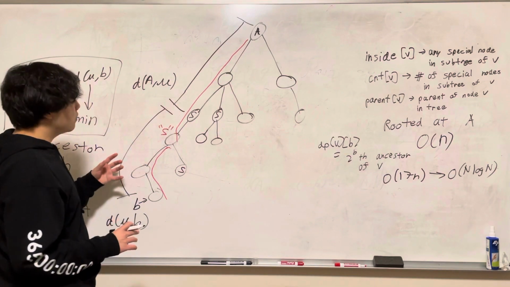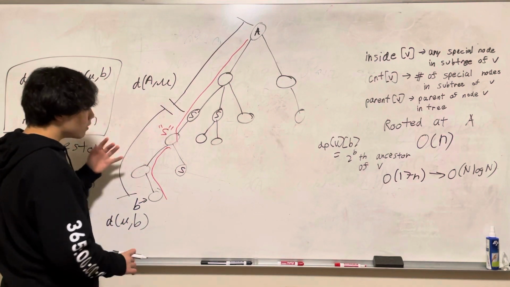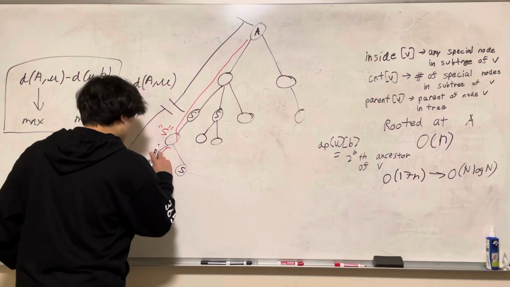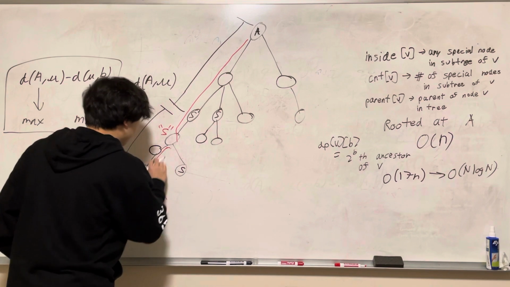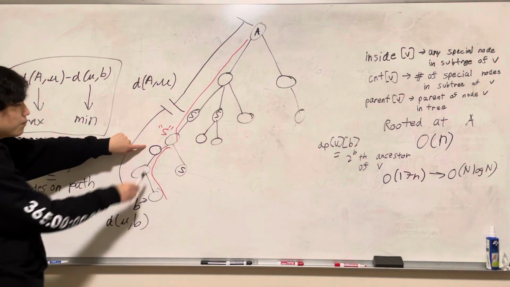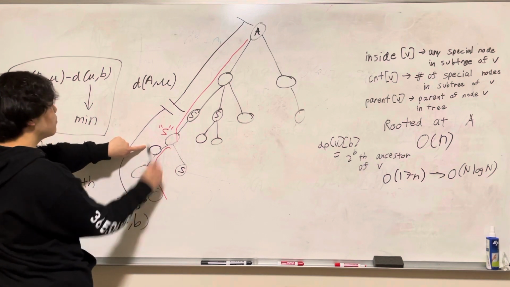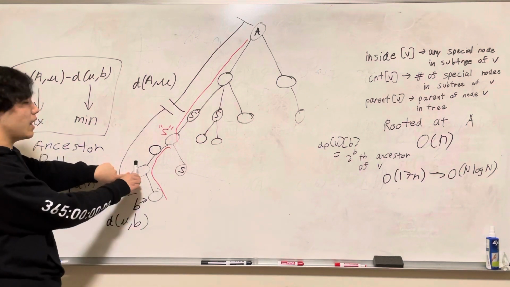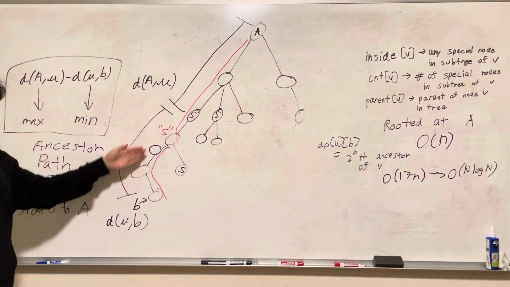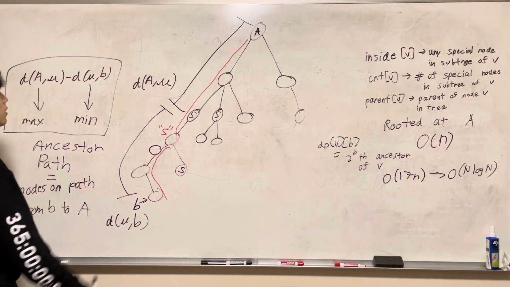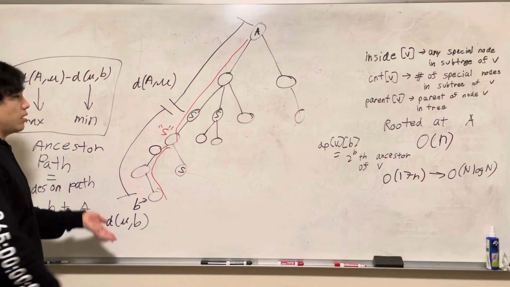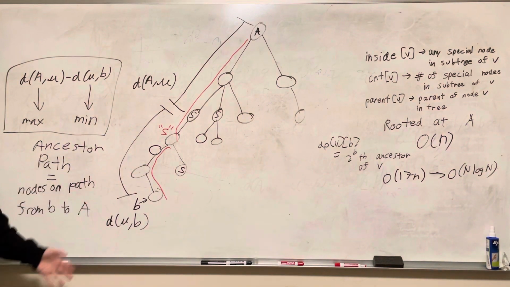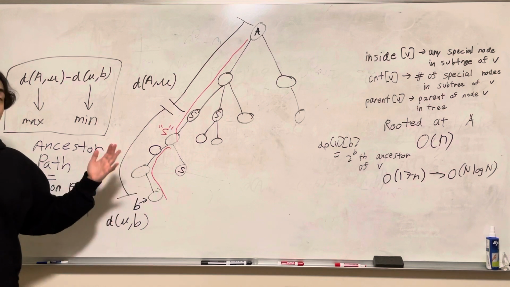So for example, if we assume there was an intermediate node in here, something like that. If this node on this ancestor path from B to A contains no special nodes in the subtree, this node will not contain any special nodes in the subtree either, and neither will the node after that, and after that, and after that. Because of the way subtrees and ancestors work in the first place, if a child of a node contains some value, then that node itself also has to contain that value in its subtree.